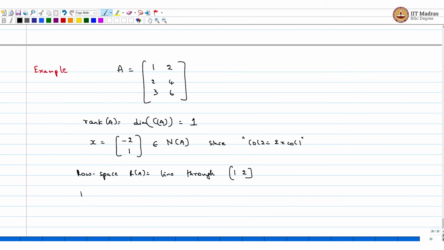And the null space of A is the line through (-2, 1).